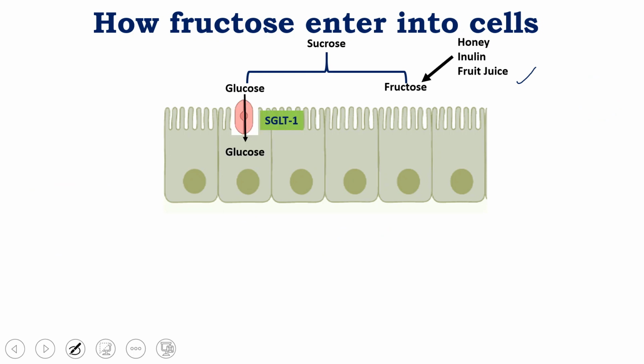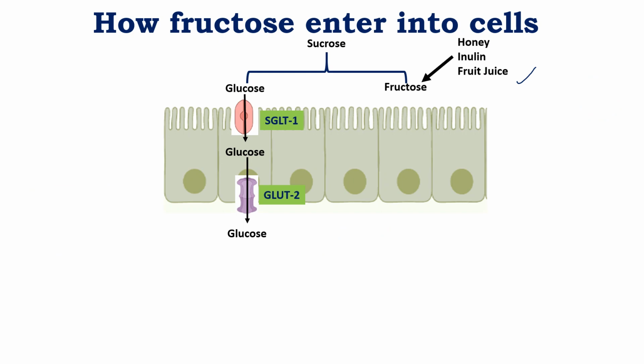Now glucose enters into the intestinal cells through a glucose transporter called SGLT, sodium glucose co-transporter, that is SGLT1. The glucose which enters through SGLT1 exits the cells and reaches the blood circulation with the help of GLUT2, which is an insulin independent glucose transporter.